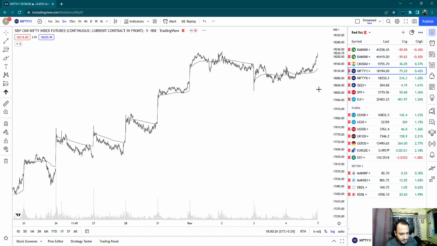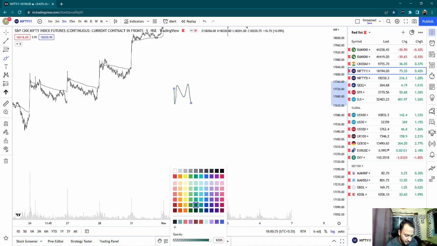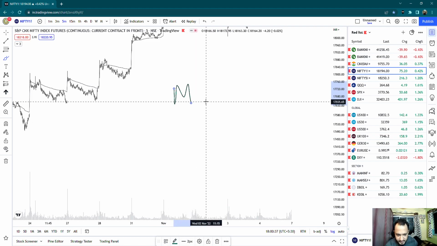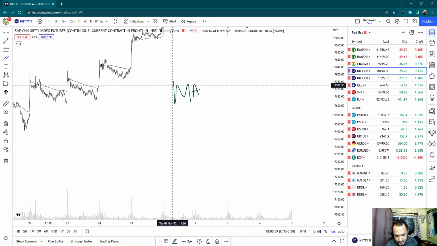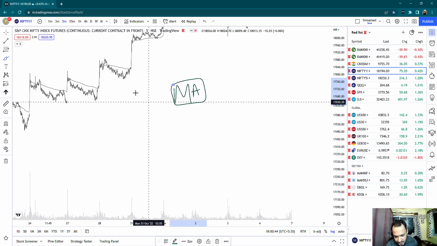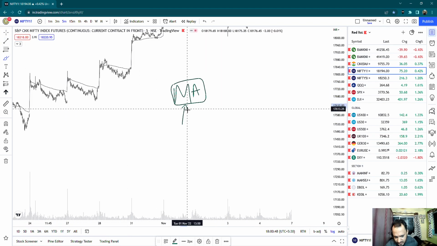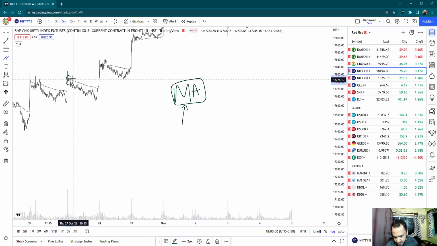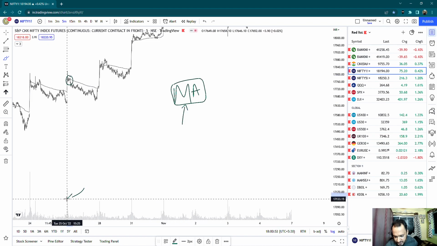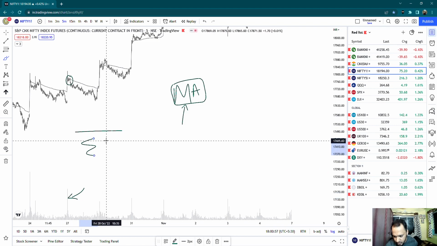I'll not go with the formula of VWAP because everyone knows that VWAP is just a moving average with volume baked into it. You can adjust it to sessions. It's a kind of moving average, but every price is multiplied with the volume that's coming into the price, and then the sum is divided by the total volume.